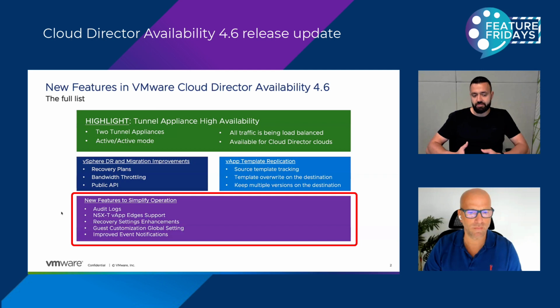We support all the networks that in the past were not supported, like vApp networks, DHCP support for isolated, and also routed networks that in the past were converted to other supported versions. And we also have some enhancements to the recovery settings, aligning all the scenarios to make the same look and feel, so it's much more consistent now. I'm going to show that as well as part of my demo.